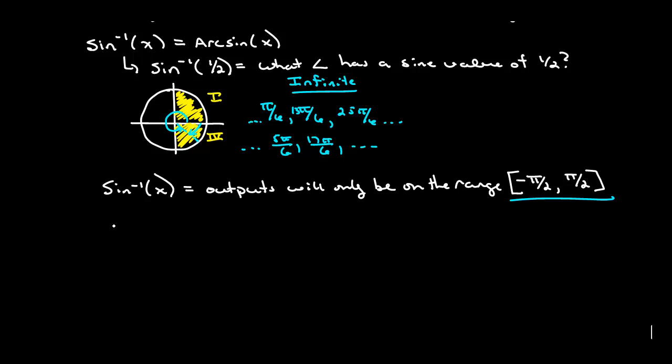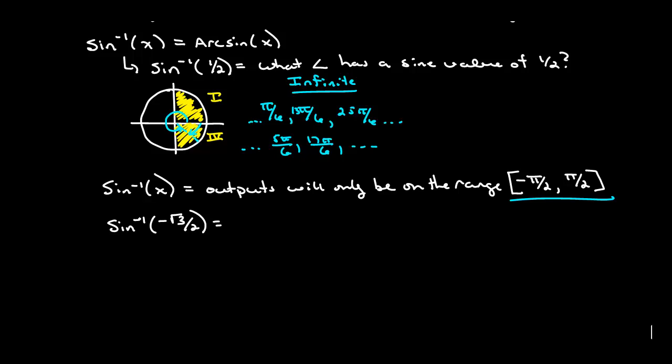Let's say we asked, what is the arc sine of, now remember our input is a real number, so let's say what is the arc sine of negative square root of 3 over 2.